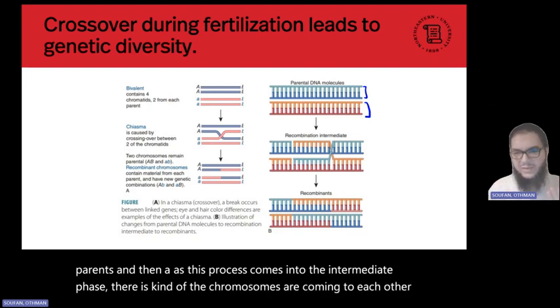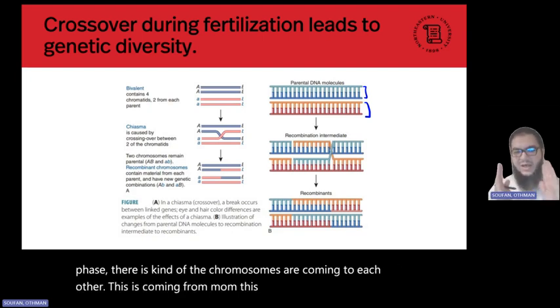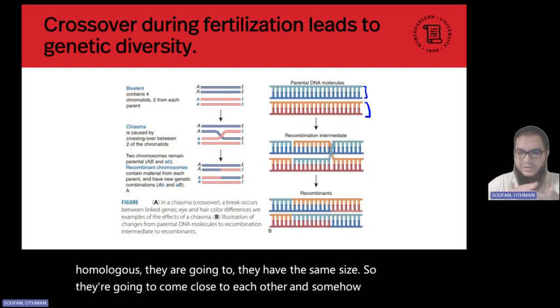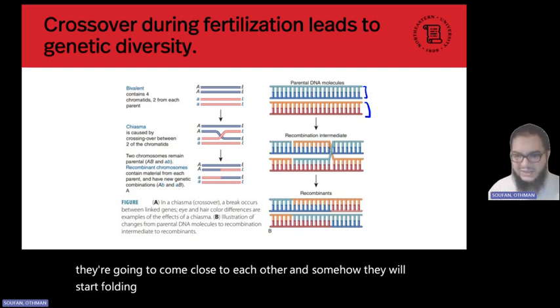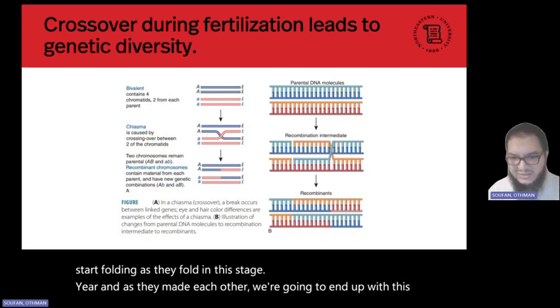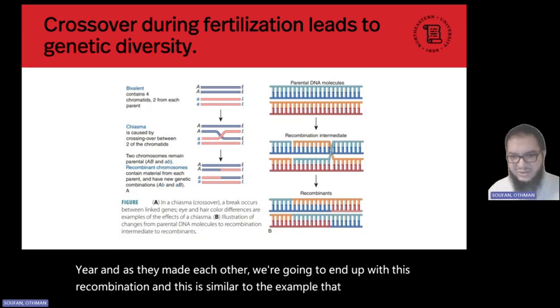This is coming from mom. This comes from dad. They are homologous. They have the same size, so they're going to come close to each other, and somehow they will start folding. As they fold in this stage here, and as they meet each other, we're going to end up with this recombination. And this is similar to the example that I was trying to give.